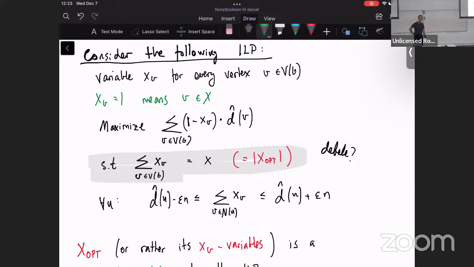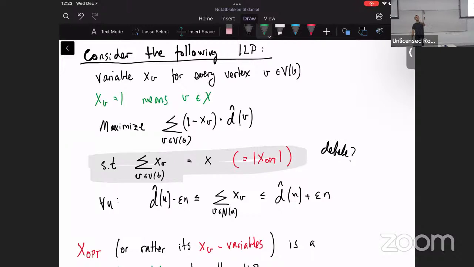And now I'm saying, well, for every vertex, either pick it or don't pick it. There is some unknown X. Let me pick an S. My xv variables are: do I pick the vertex into S or not?